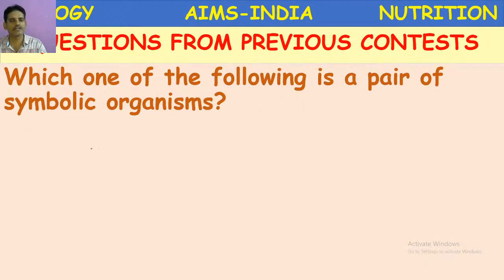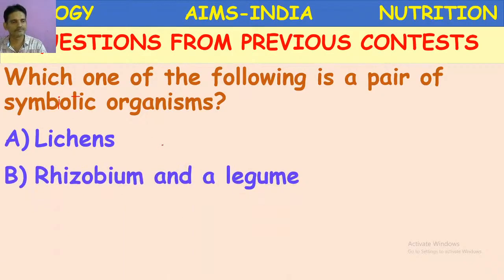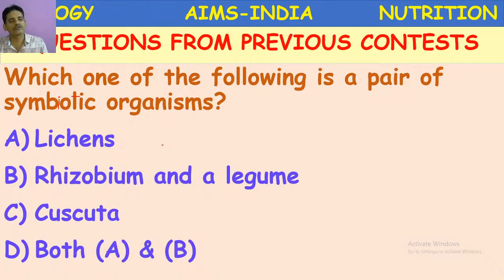Which one of the following is a pair of symbiotic organisms? Lichen, Rhizobium and legume, Cuscuta, both A and B options.